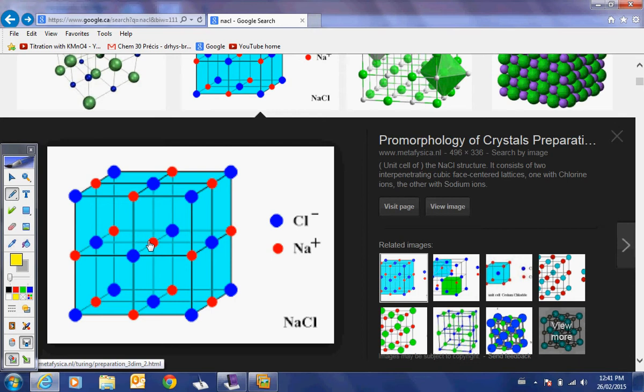And similarly, that Cl minus over here will have an Na plus to its left, to its right, to its up, to its down, to its behind, and it would have one in front if it was a more complex drawing. This is what a lattice structure is, a ratio of 1 to 1.